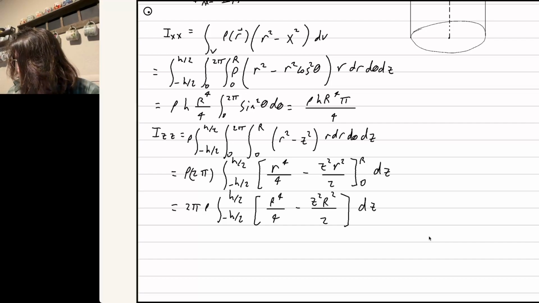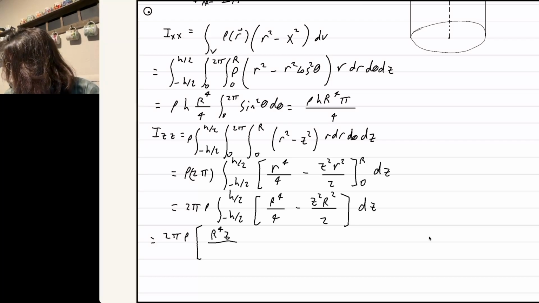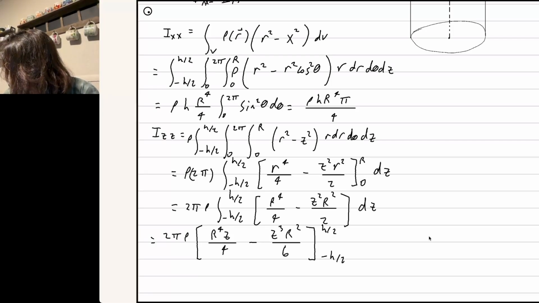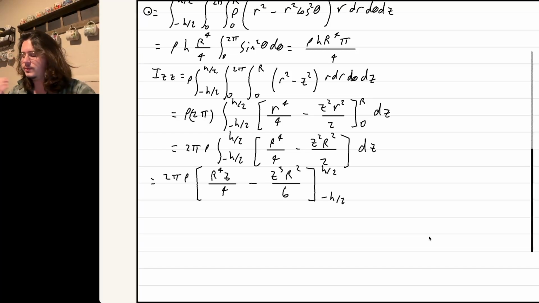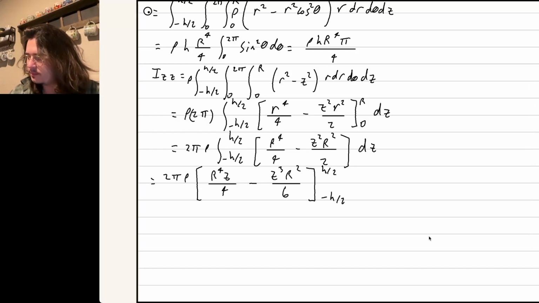Then that integral, now we're looking at 2 pi rho times r fourth z over 4 minus z third r squared over 6, from minus h over 2 to positive h over 2. All right. So those are pretty cool. Let's just go ahead and start plugging stuff in. We'll have a lot of terms.